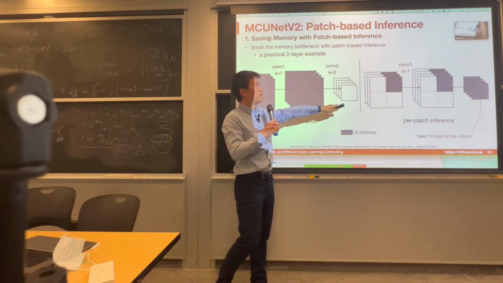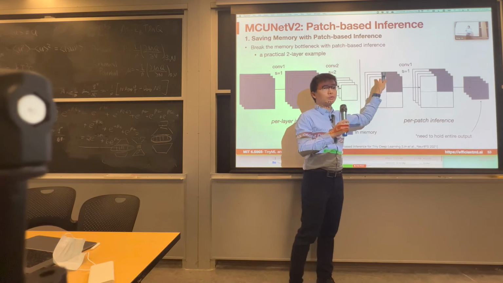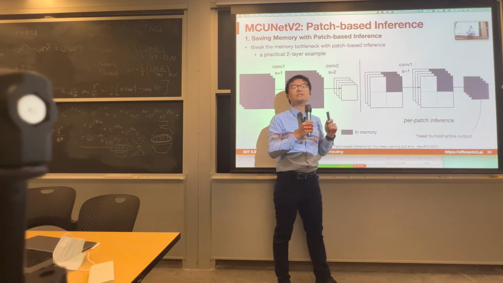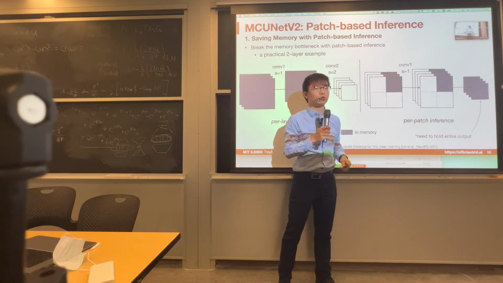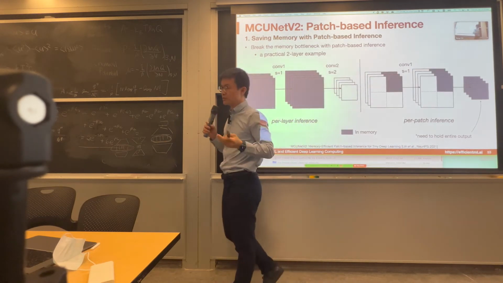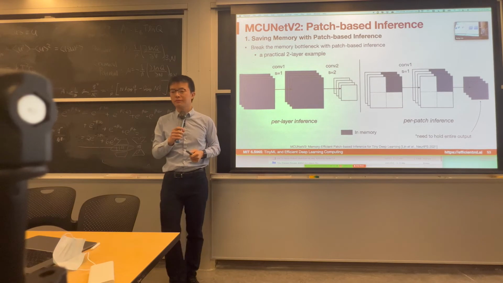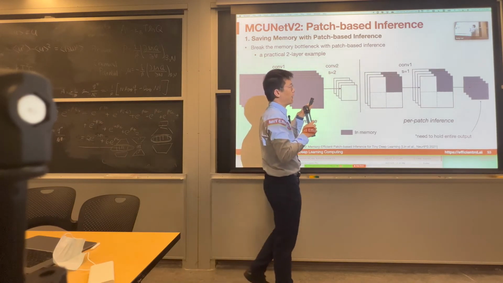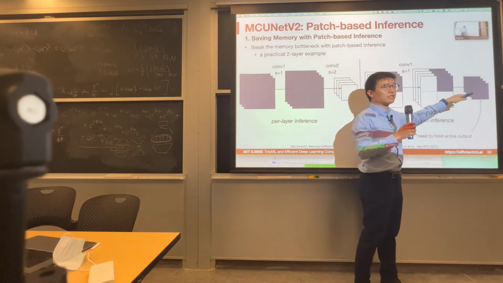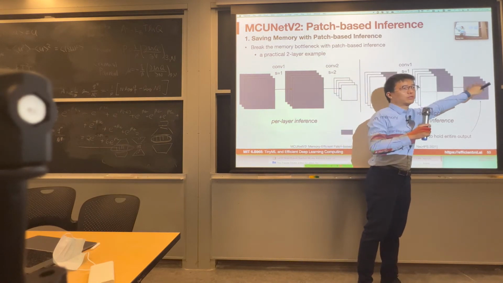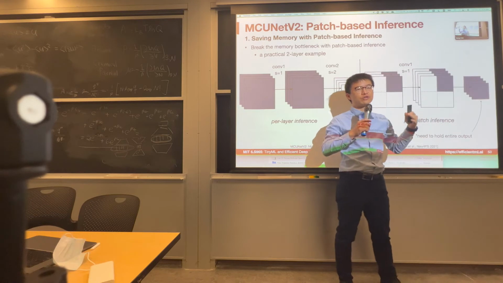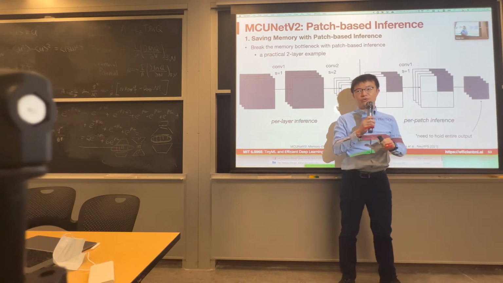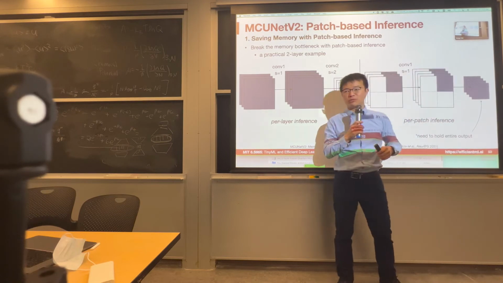This is an example of dividing by two by two chunks. We can also divide it into 3 by 3 patches. In that case, the peak memory would be even smaller. Very simple idea. The reason we can use this is thanks to the fact that we have these pooling layers. At some point, we have to store the entire feature map, the entire H and W. Due to several stages of pooling, that H and W become smaller.